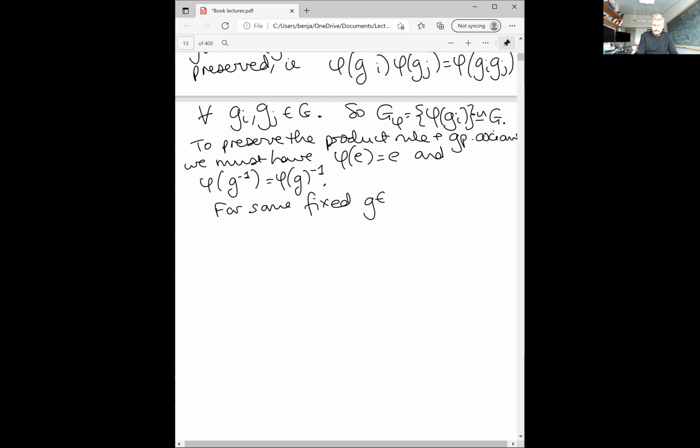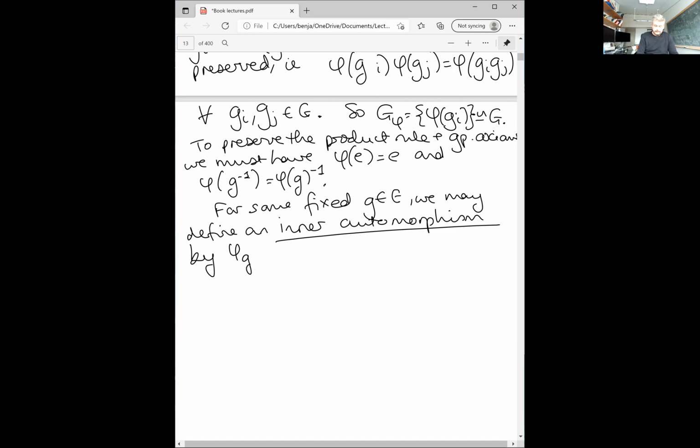So we pick particular elements of the group and we define what's called an inner automorphism, by phi little g suffix of Gi, and this is just defined to be G times the element of the group you're looking at times the inverse of G. Well, with the group product with the inverse of G. And if you have an automorphism which isn't an inner automorphism, it's called an outer one.